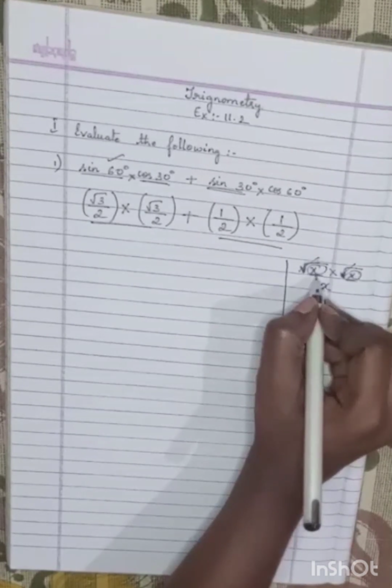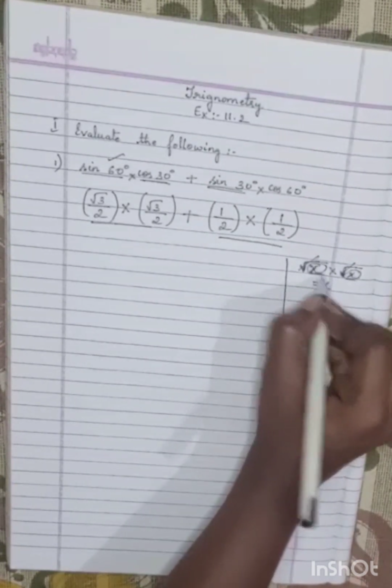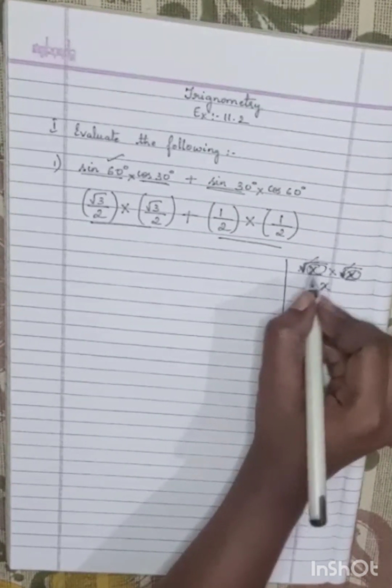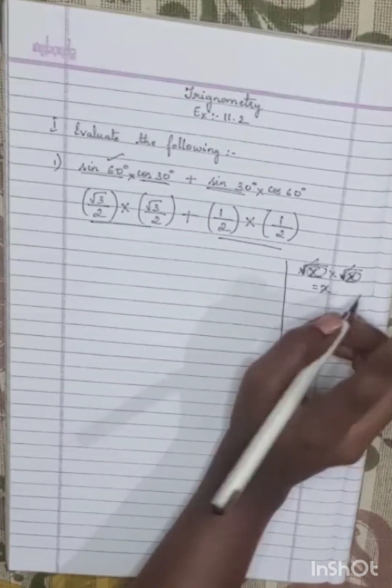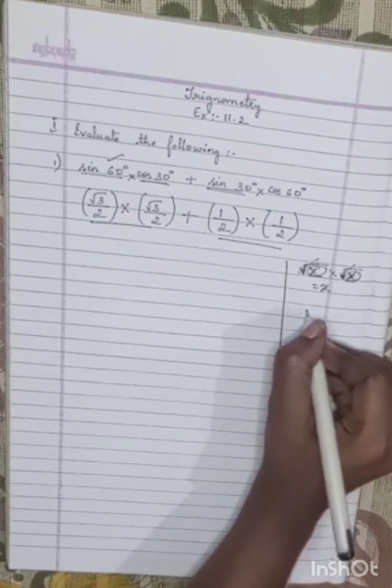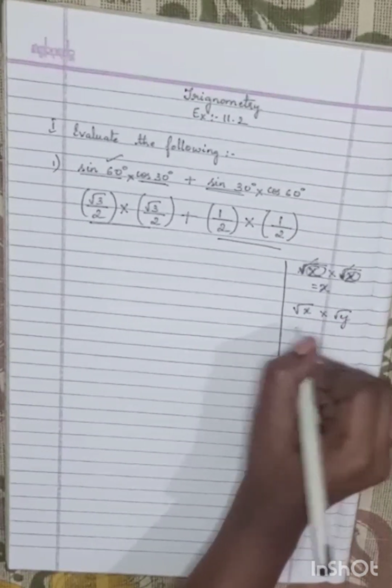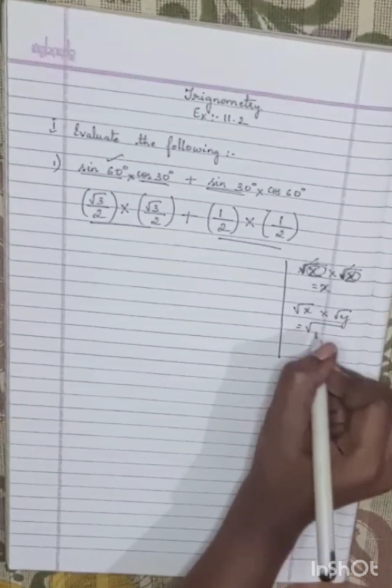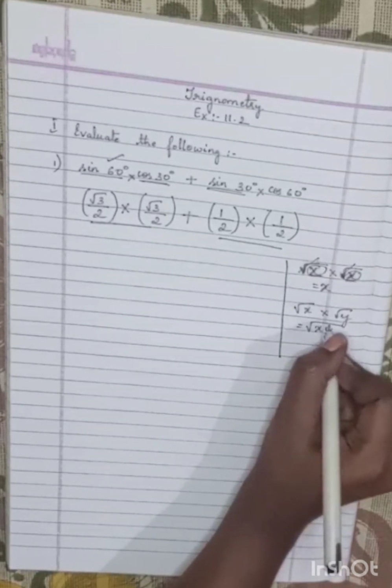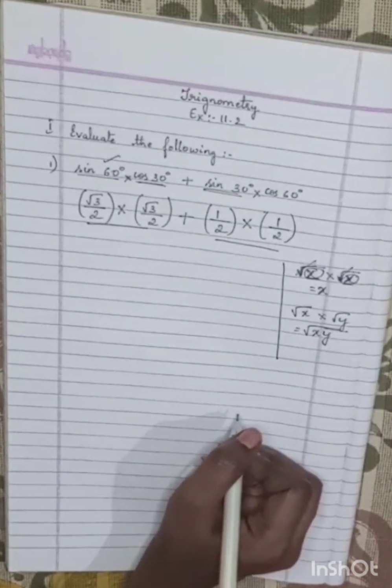Roots will get cancelled only when the number or the alphabet or the term present inside the root are the same. If it was root x into root y, then the root will not get cancelled. Instead, the numbers inside get multiplied.